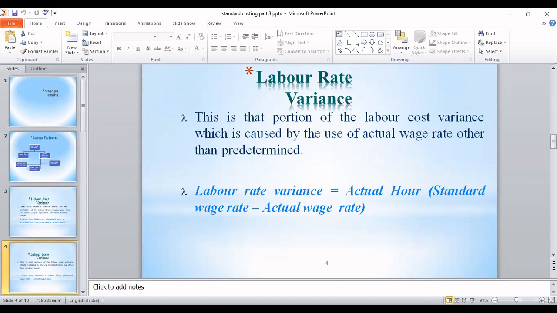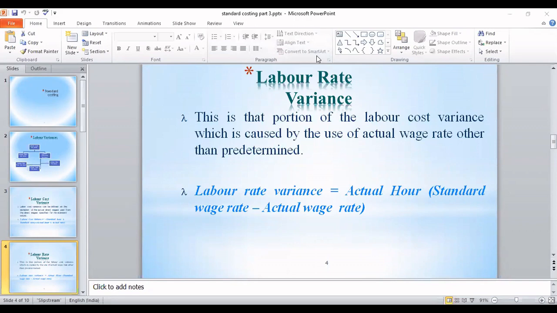Is it possible? Your expected labor rate may differ when it comes to the actual one. So here we get the difference of standard rate and actual rate.